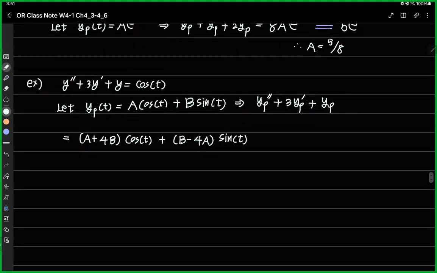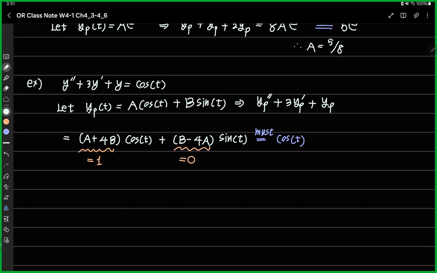This must be equal to cosine t. Which means that the cosine coefficient must be 1, and the sine coefficient must be 0.